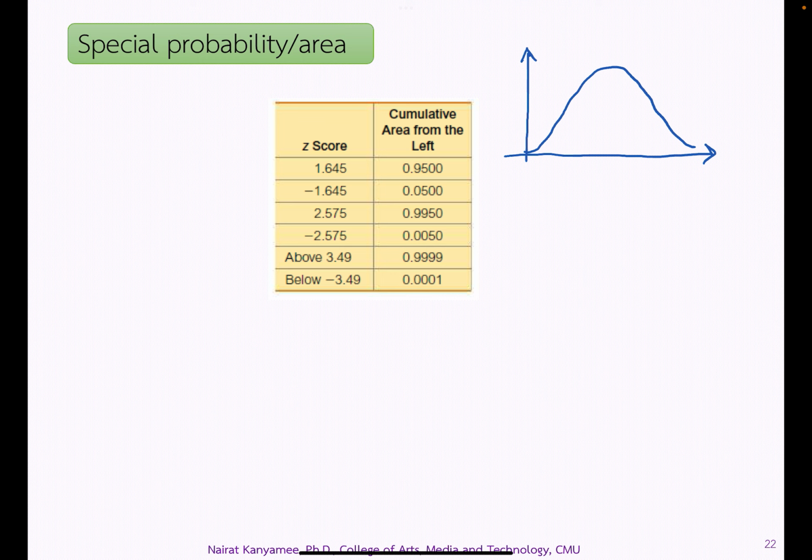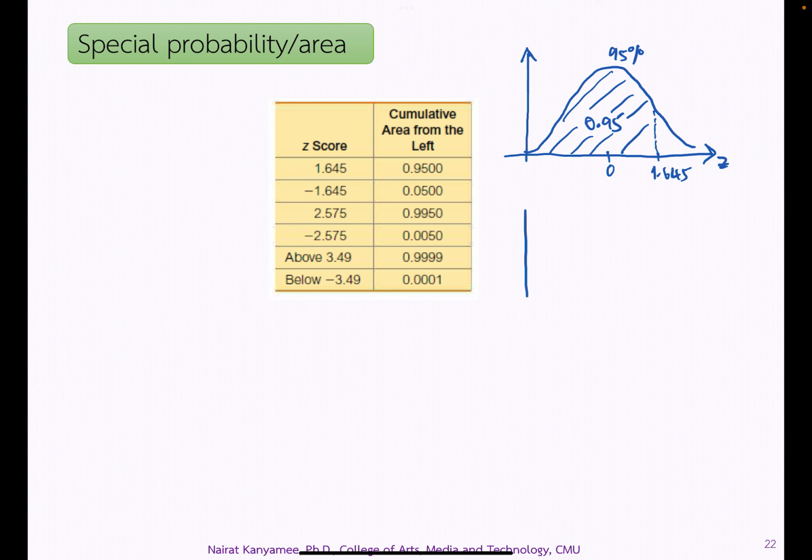For the z-score, this is 0, and for 1.645 here, the z-score 1.645 gives you the area of 0.95. This is a special probability, which means this is 95%.